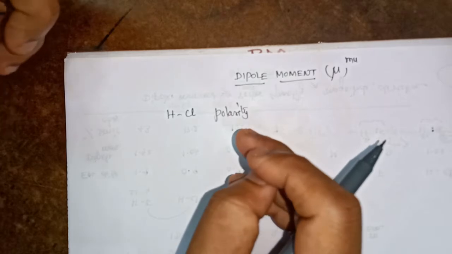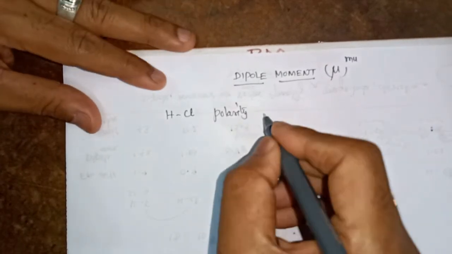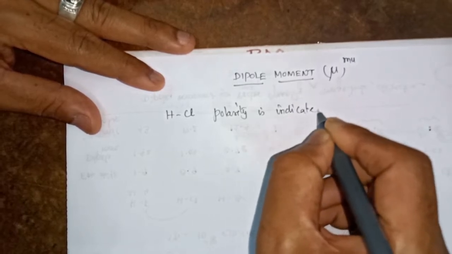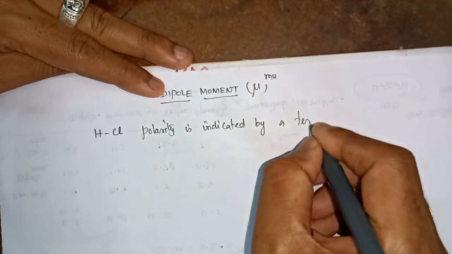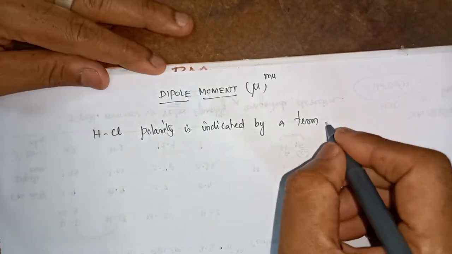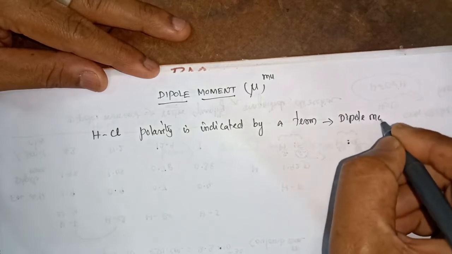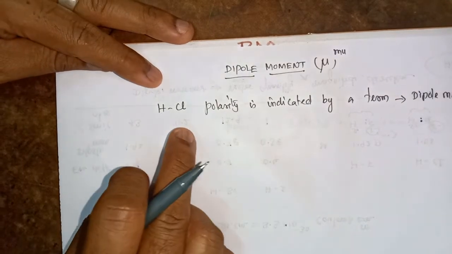Polarity of any molecule is indicated by a term which is called dipole moment. What is dipole moment?